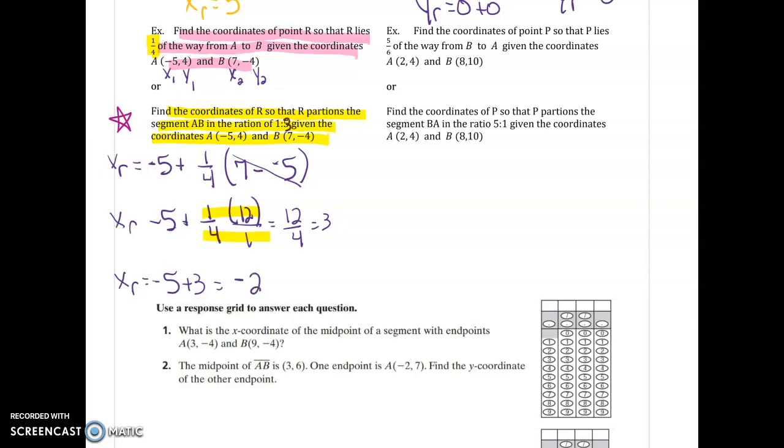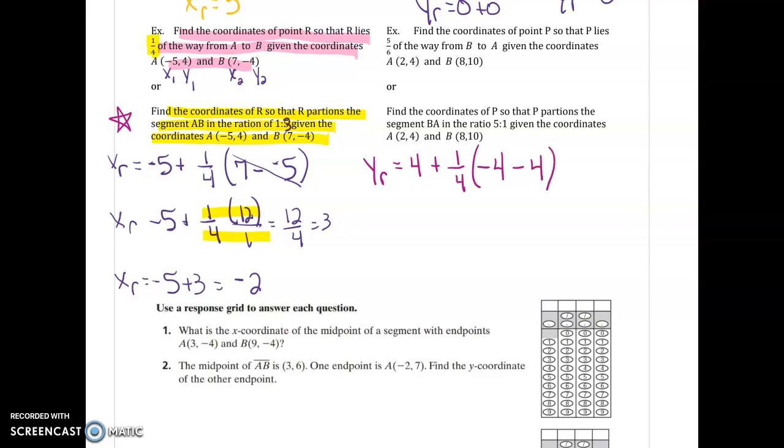Now, I write really big when I'm writing on my computer, so I'm going to have to go into the other space to find the y coordinate, and then I'm going to erase it all so I can do the next example for you. All right, let's find the y coordinate. Again, the more you practice this, the more you know the formula. This time, since I'm finding the y coordinate, I look for my y1, which is 4. Then I add that same fraction times my y2, which is -4, minus my y1.